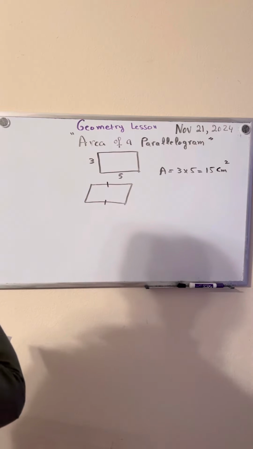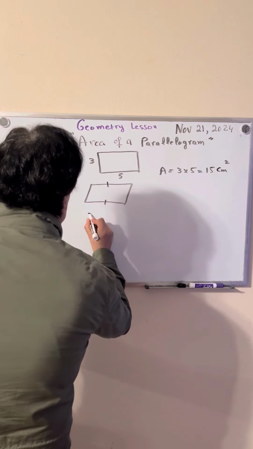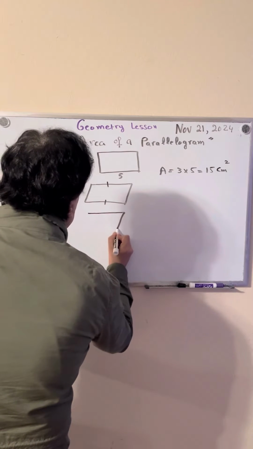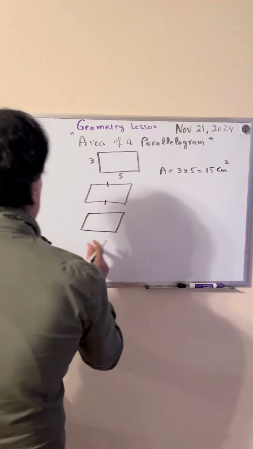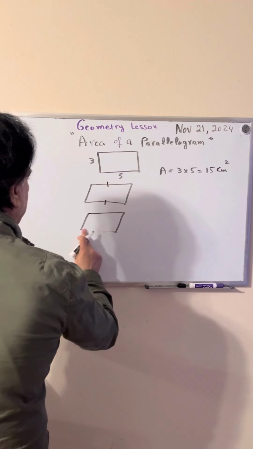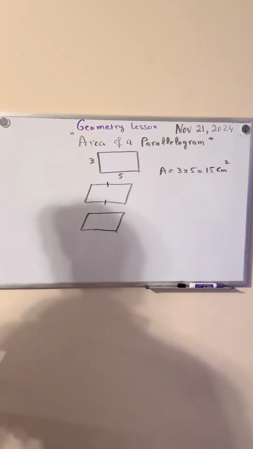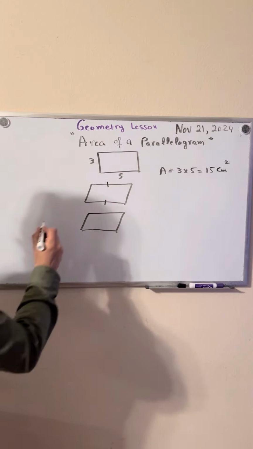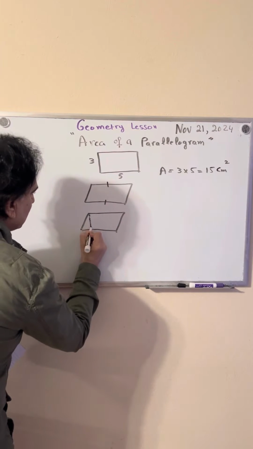The way you do it is I'm going to draw this parallelogram again right here. Let me draw this a little straighter. In a parallelogram, you draw a line from here like this.